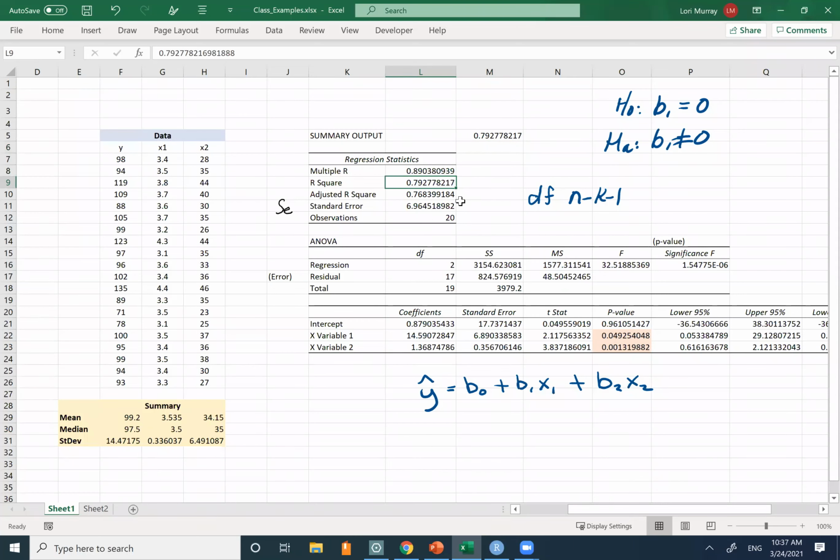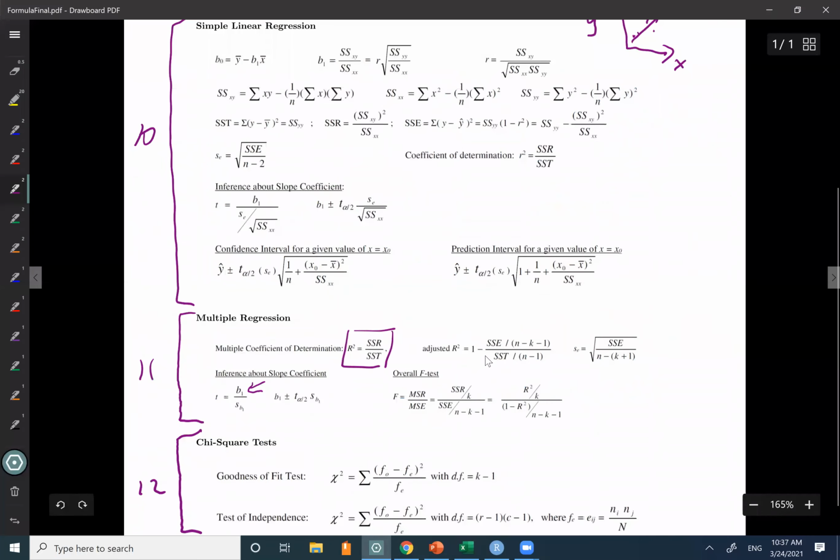The reason I'm doing this is you might be given just the ANOVA table, and a question might be, what is R squared? You should be able to just find that. You can do the same thing with adjusted R squared. It's 1 subtract the sum of the squares of the error divided by its degrees of freedom, which is really just the mean square error in the numerator, divided by the sum of the squares of the total divided by n minus 1.